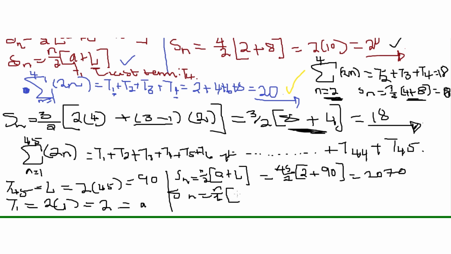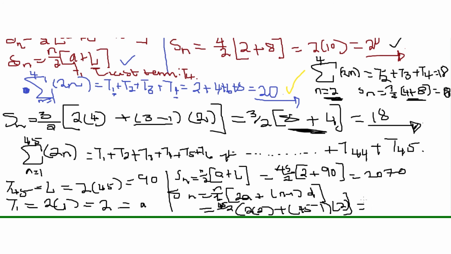Then you can use the other one where it's n over 2. I'm just showing you the difference between the two formulas and how you can apply them. In most cases, choose the shortest one so that it saves you time. Then n is 45, you have 45 over 2 into your a, which is 2, plus n minus 1, that's 45 minus 1, d is 2.